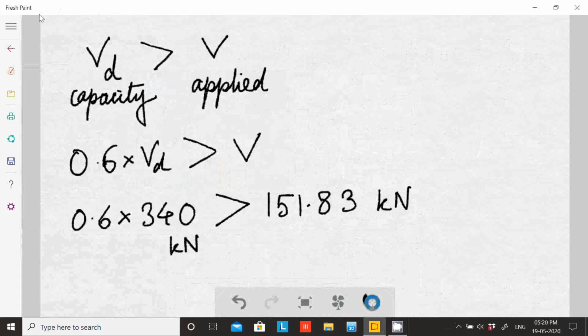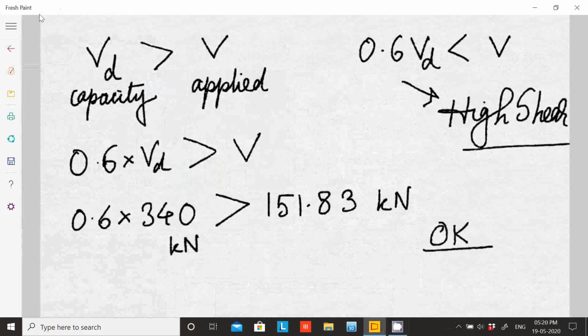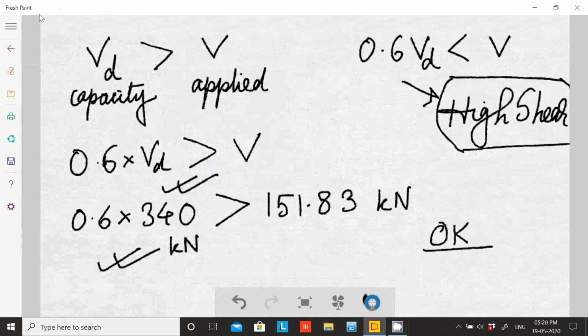Okay, so this is fine. Otherwise, if we would have got that this 0.6 Vd is less than V, then this was a condition of high shear. So this is no longer valid here. We already have got that even 60% of our capacity is more than the applied force, so it is fine. All right, so let us proceed.